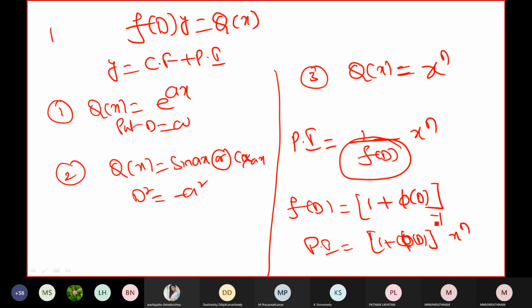Now we should expand this, either plus or minus, don't worry.